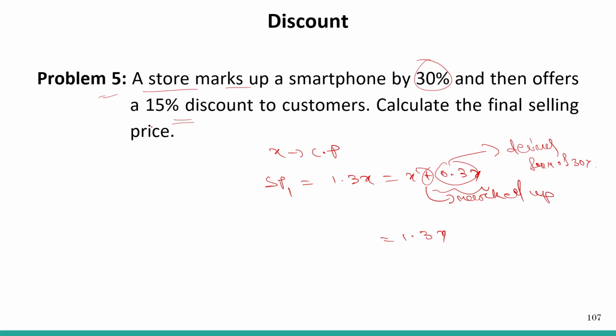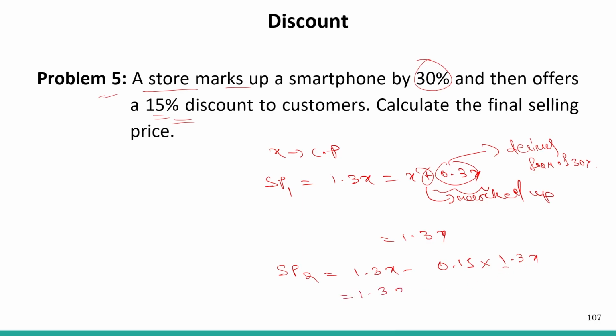Then the store gives 15% discount. So SP2 is equal to 1.3x minus 0.15 into 1.3x. That is the new original price, that is SP1.